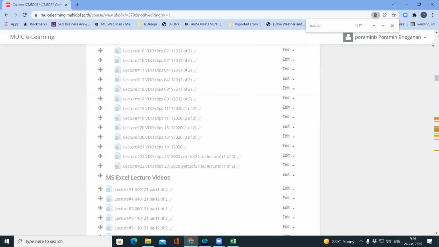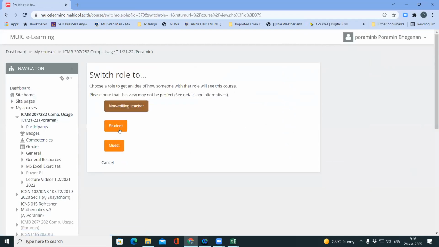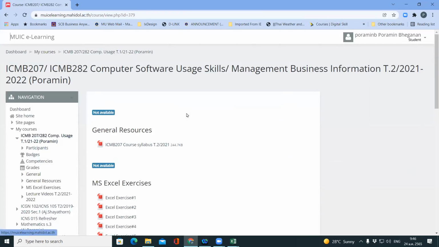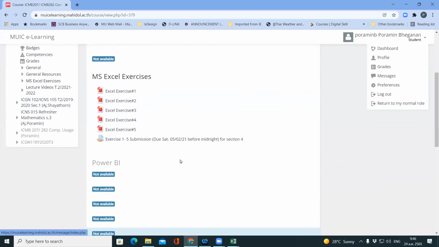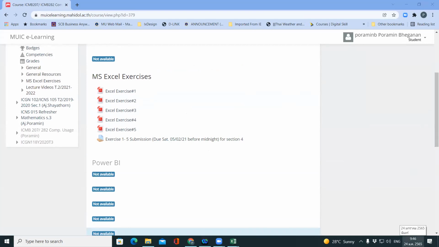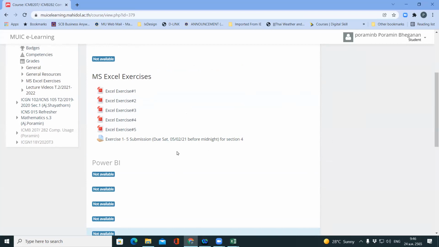Okay, right, let's have a look for this one. When you see the exercises, now we have 5 exercises that I would like you to do. The submission is long from now, another 2 weeks after this. On next Saturday will be the due date.